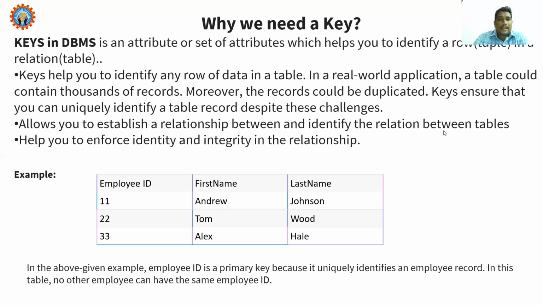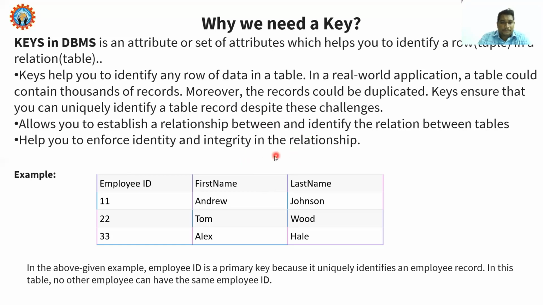In referential constraints we can identify the relationship between two tables. Keys help you to enforce integrity in the relationship. Integrity is to identify the duplication, and it allows communication between two or more relations in a table.